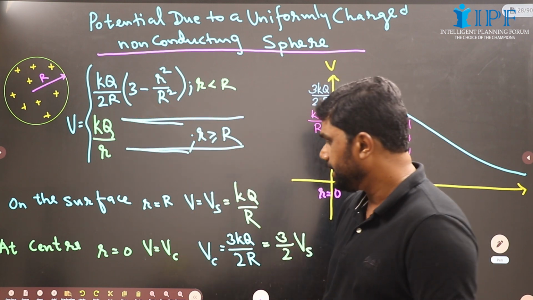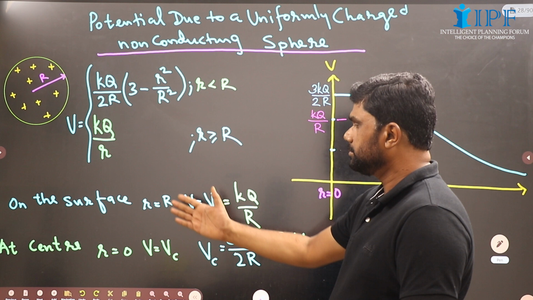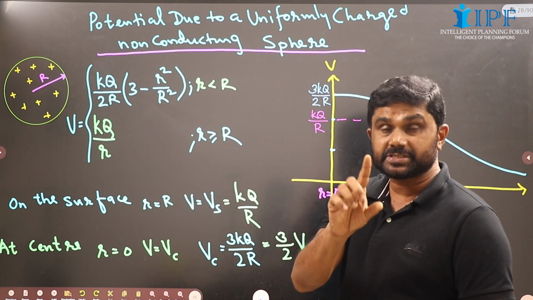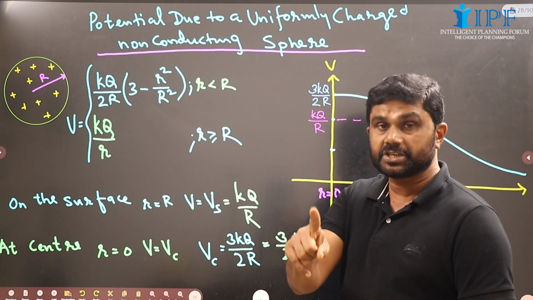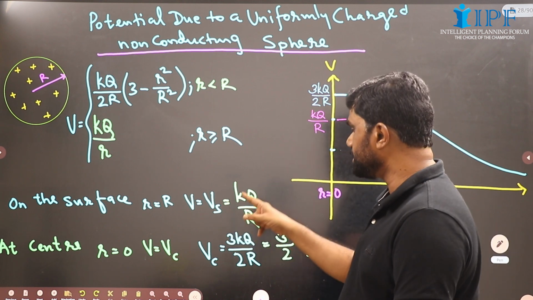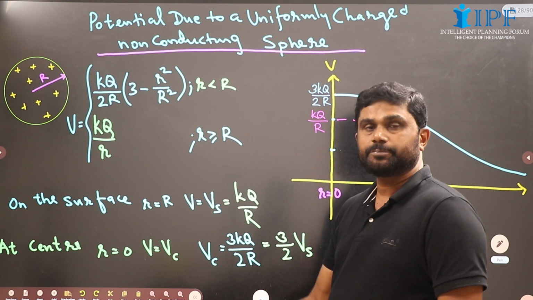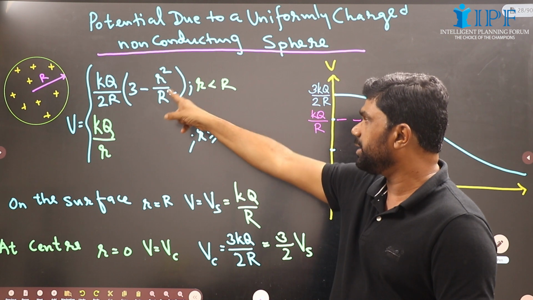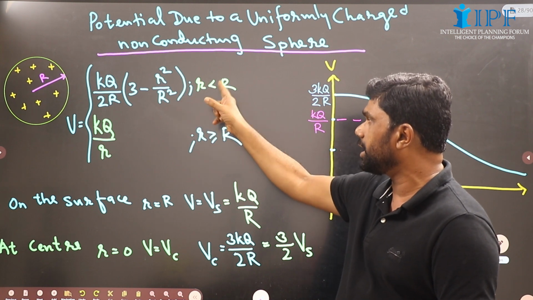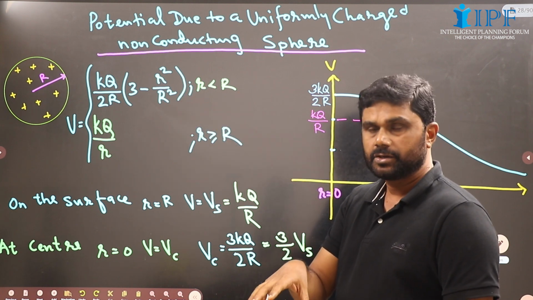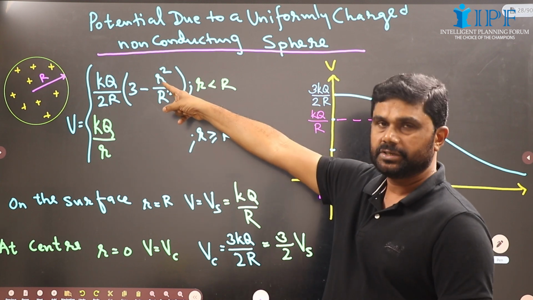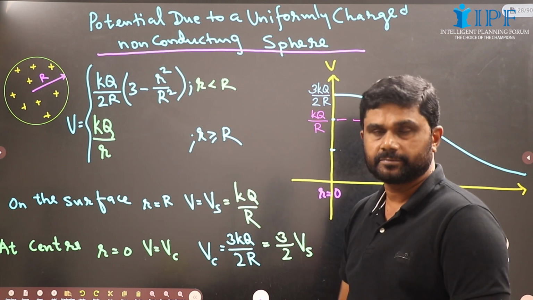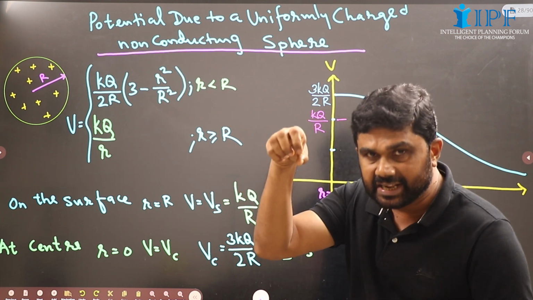On the surface, when small r equals capital R, the potential is represented by V with the suffix S, potential at the surface, and that is equal to KQ divided by R. And suppose we want to find the potential at the center, then we will have to use this formula, because this is valid only when small r is less than capital R, or inside. At the center small r equals 0, the distance of the point of observation from the center. The point of observation is the center itself.